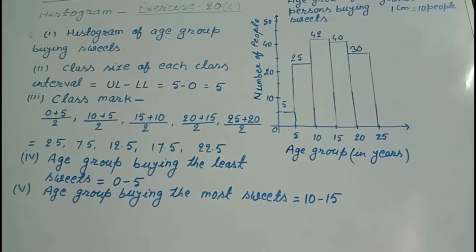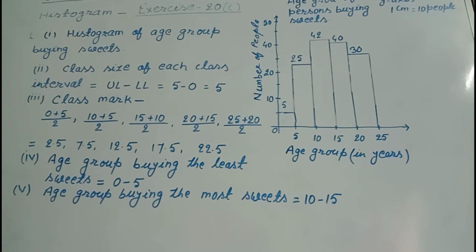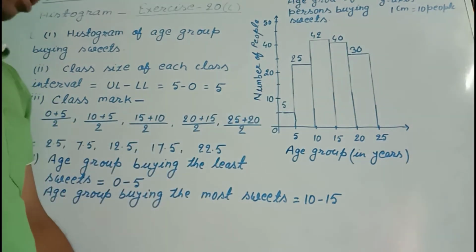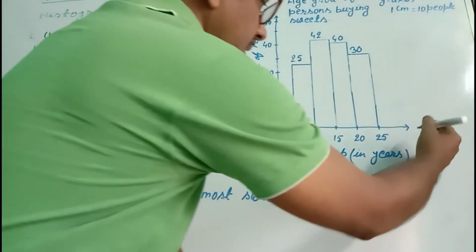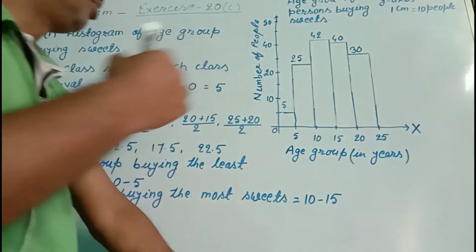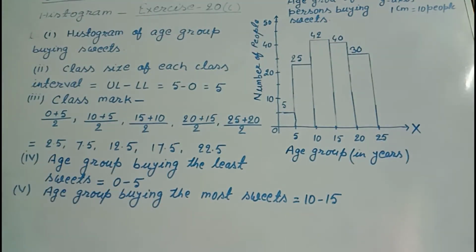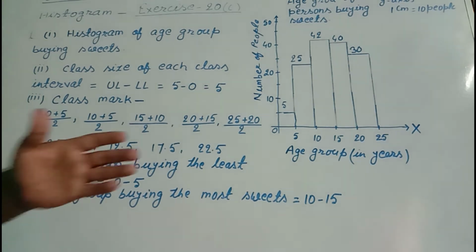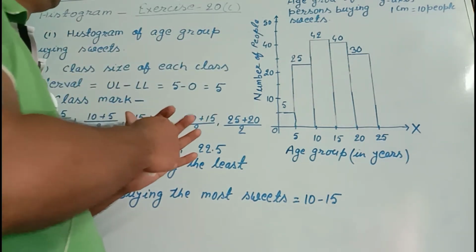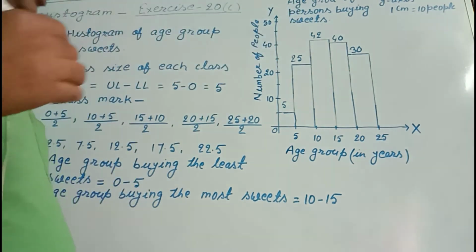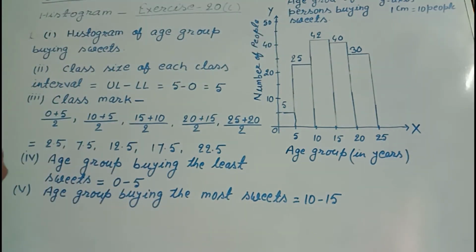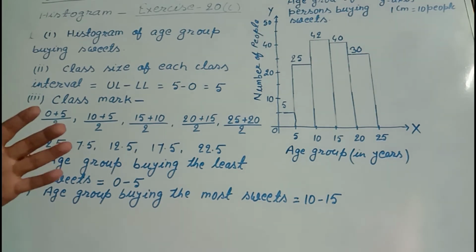Let us start exercise 20C. In question number 1, this histogram is given. On the x-axis, age group in years is displayed, and on the y-axis, the number of people who buy sweets is displayed.